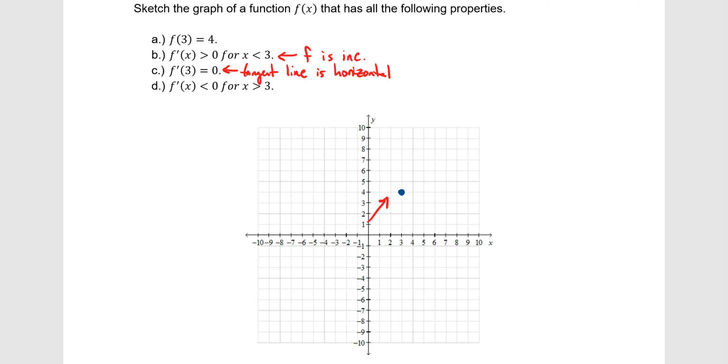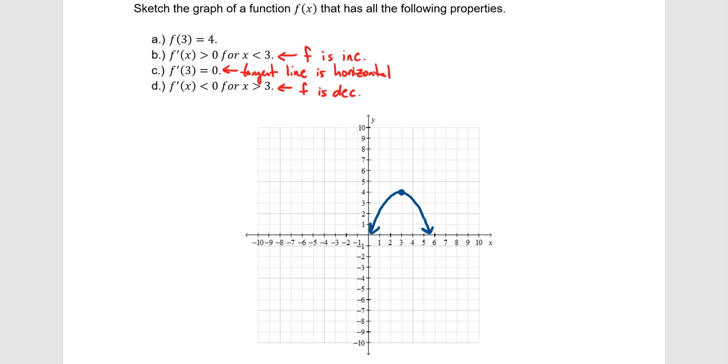And then for D here, we have f prime is negative when x is greater than 3. Negative slope means f is decreasing. So everything after 3, it's going to be decreasing. So we can just fill this in something like this.